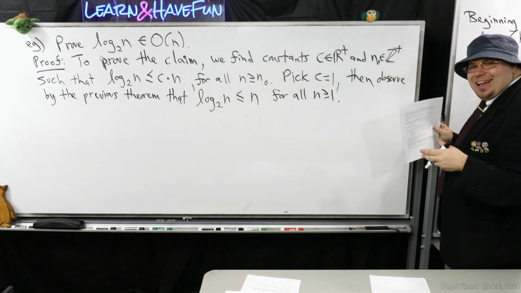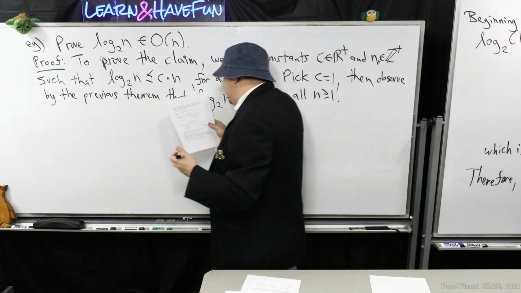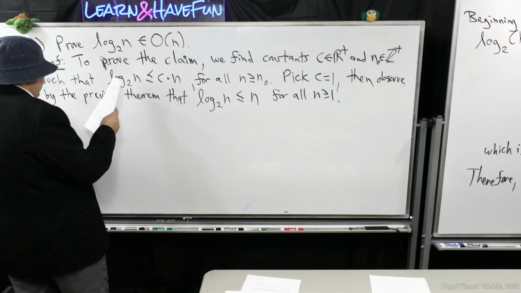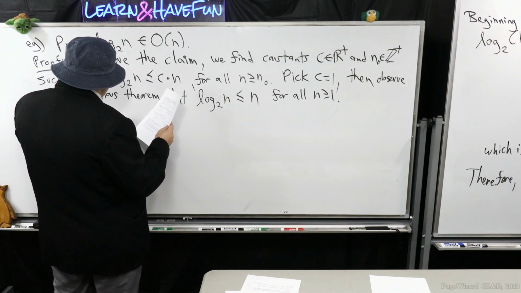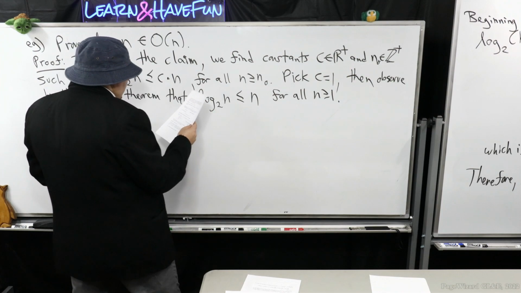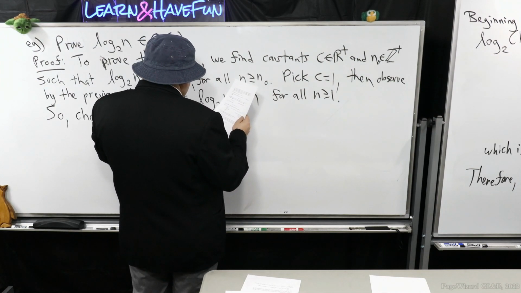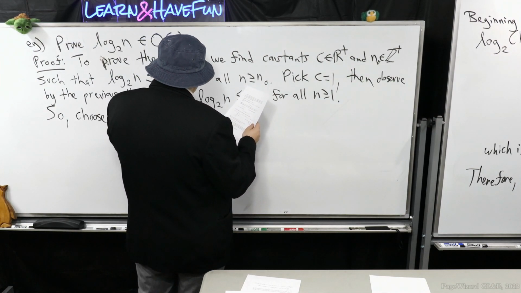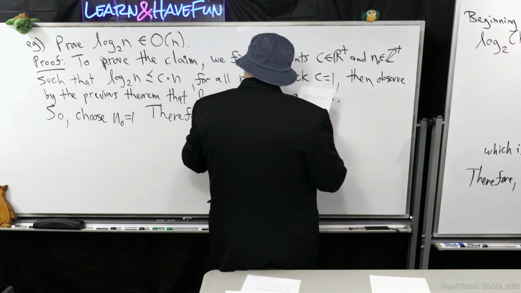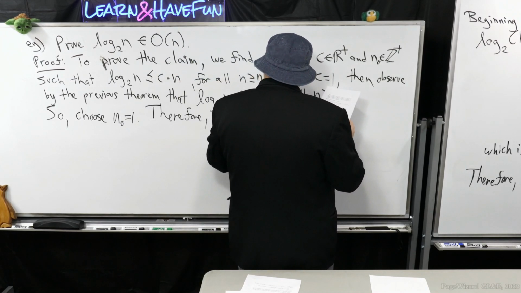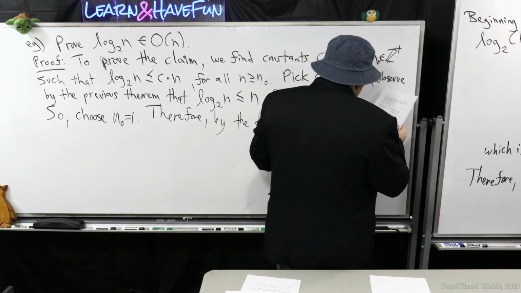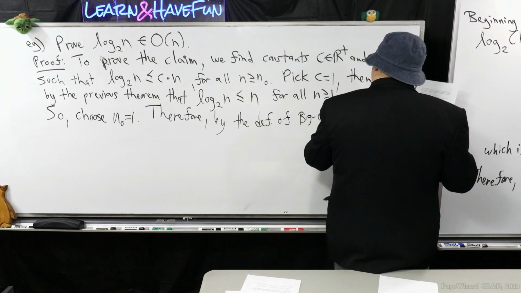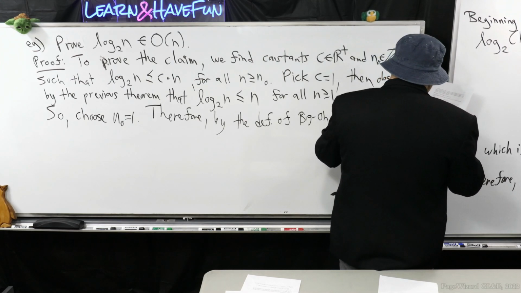So we have all the key ingredients. So now I can just simply choose n0 is equal to 1. Therefore, by the definition of big O, we have that log base 2 of n is big O of n.